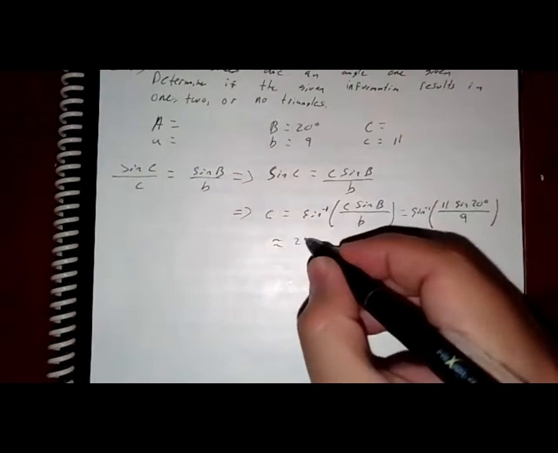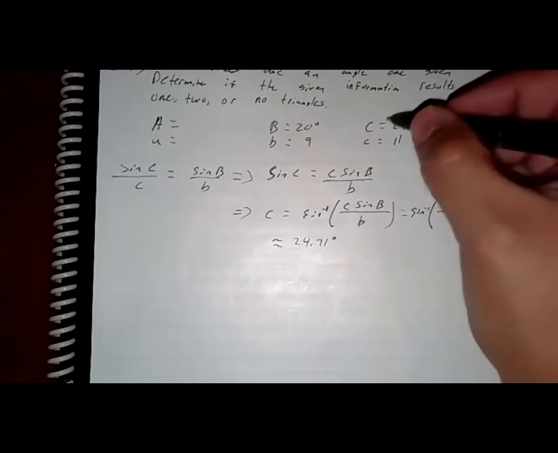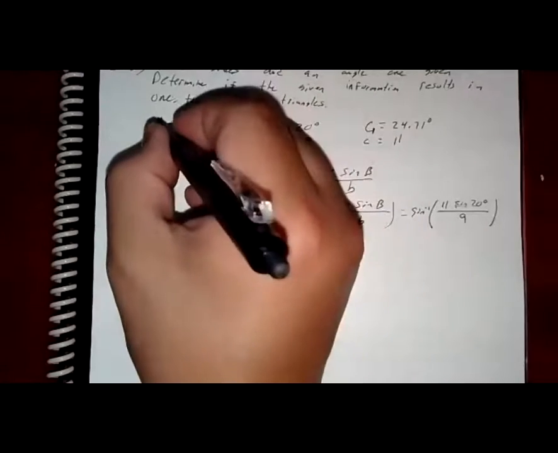$24.71, I guess. Yeah, that's right. Okay, so we're going to have a C1, an A1, and a little A1.